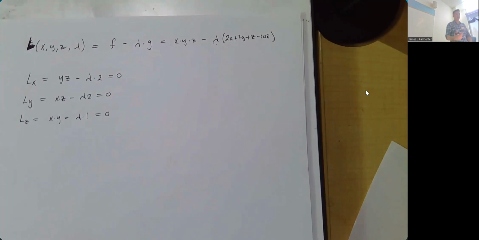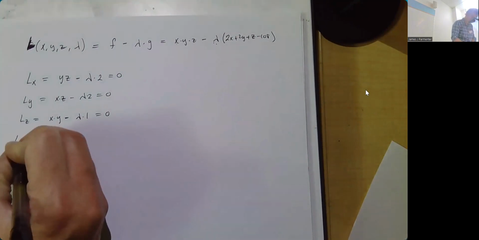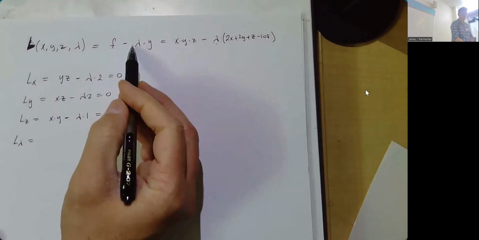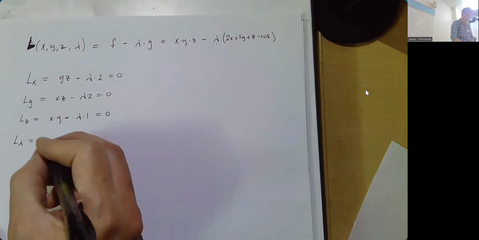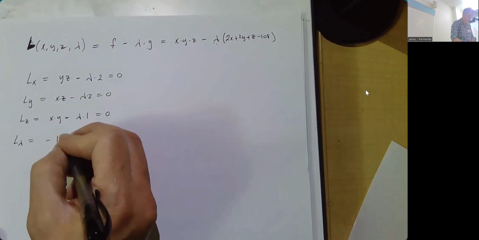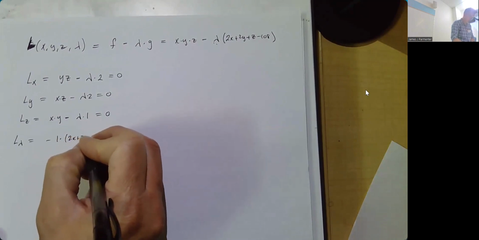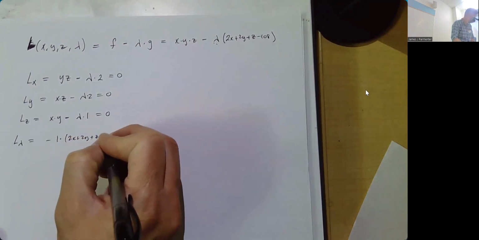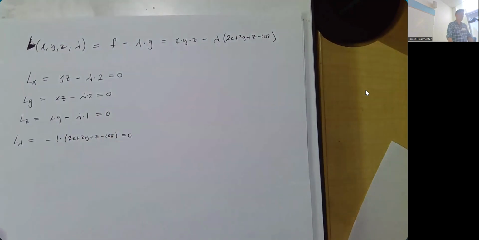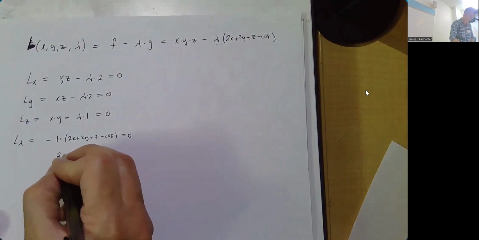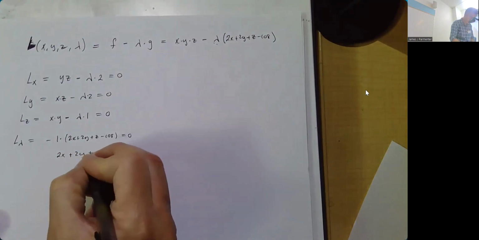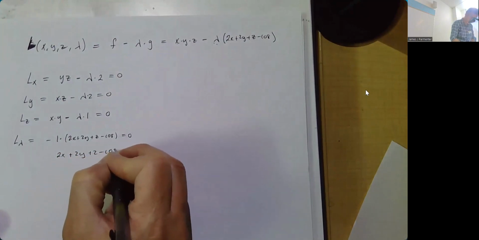Now, what I will say here is you don't really have to find L lambda. Here's why. If you find L lambda, it's going to be 0 minus 1 times 2x plus 2y plus z minus 108 equal to 0. And if you multiply both sides by -1, you really just have 2x plus 2y plus z minus 108 equal to 0.